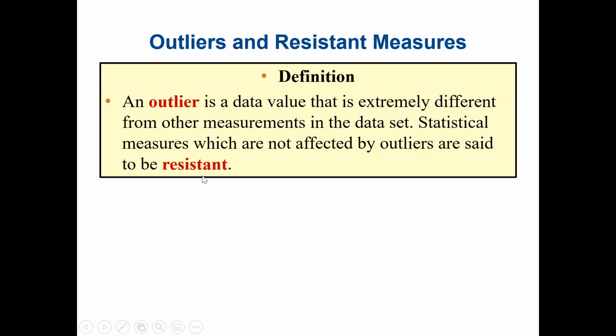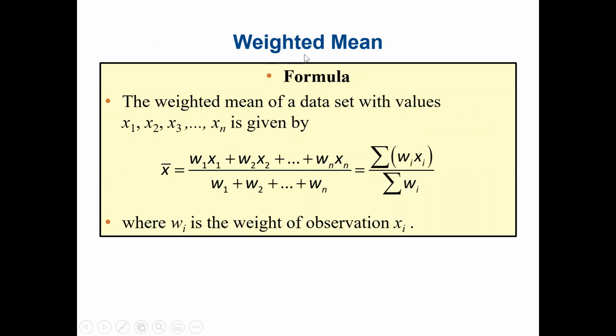But the mean is always affected by outliers, because when you are looking for the mean, you have to add all the values and divide by the number of values. So again, it's affected. Now, next is the weighted mean. Let's assume there's a weighted mean of a data set with values X1, X2, X3 up to Xn.